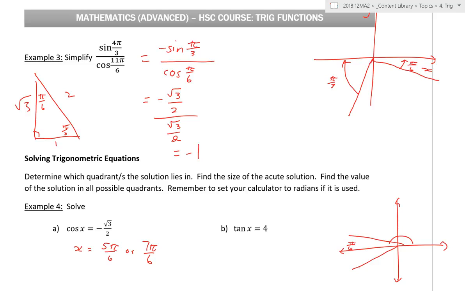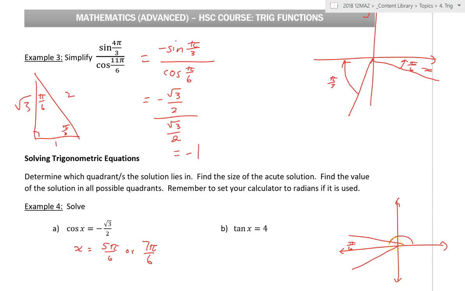Tan x equals 4. Now, I know well enough that's not one of my exact values. Now, tan is positive in the first and the third, okay?